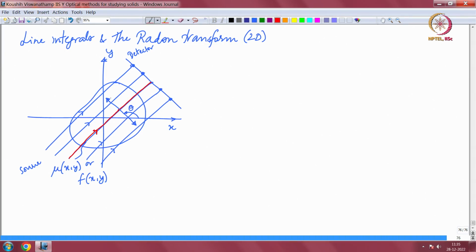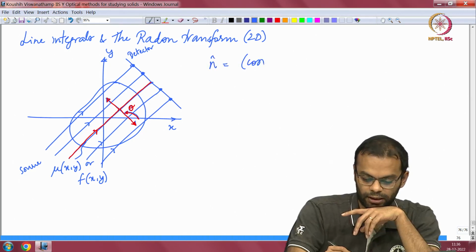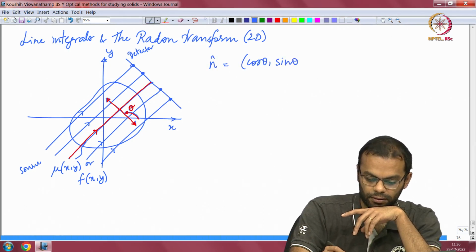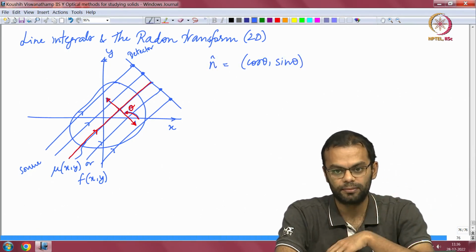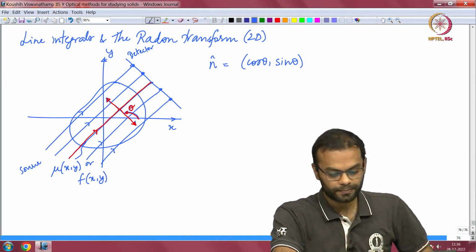So, this normal line makes an angle theta with the x axis, okay. So, the n hat is basically cos theta comma sin theta, okay, it is a unit vector. So, cos square plus sin square is equal to 1.